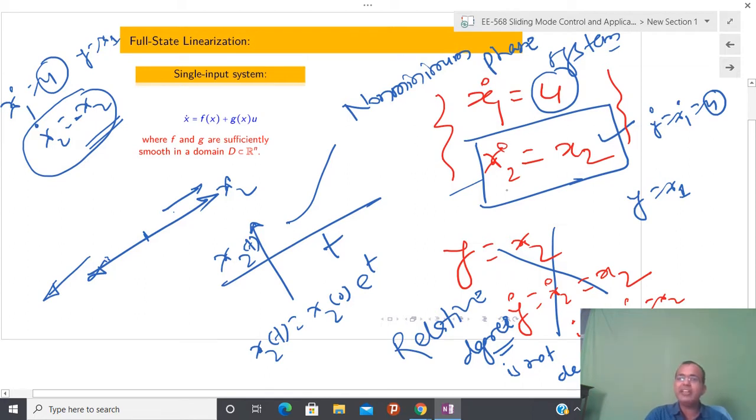Then whatever remaining dynamics there is, if that is unstable, then that system is called a non-minimum phase system. And if I keep the output and its higher derivatives at 0, and the remaining system is inherently stable, then we call it a minimum phase system. So this is the definition in terms of nonlinear control.